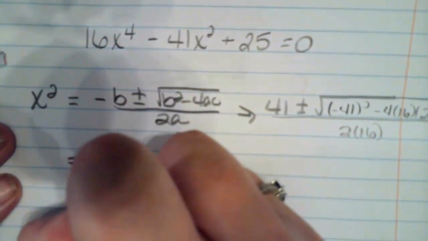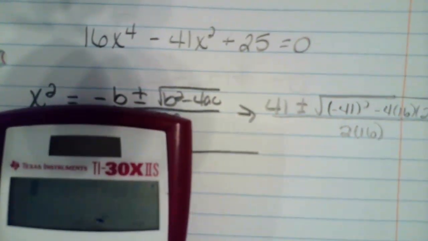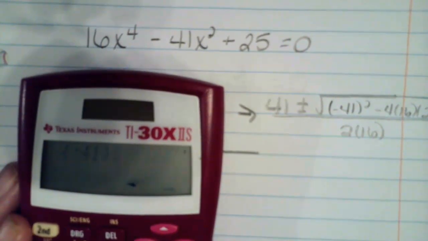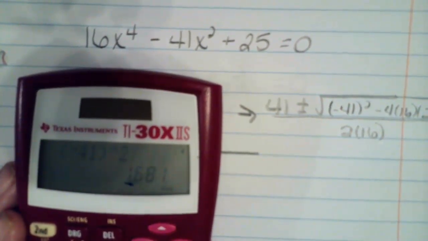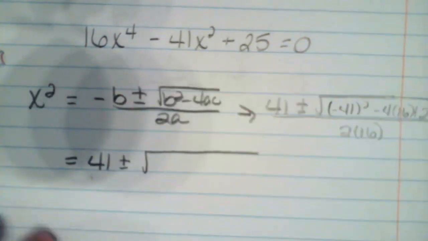So that gives me 41 plus or minus, and I'm going to put the stuff underneath the radical in my calculator. So I have negative 41 squared gives me 1681, minus 4 times 16 times 25 gives me 81.